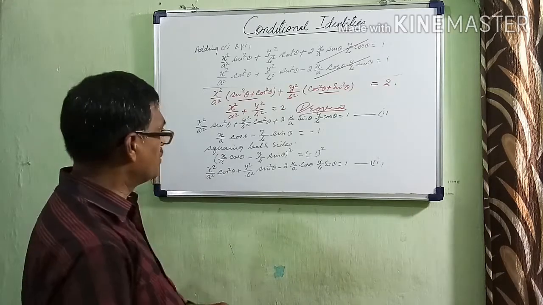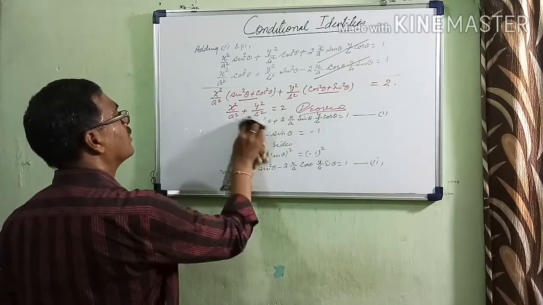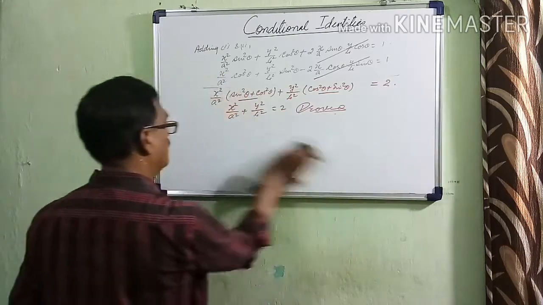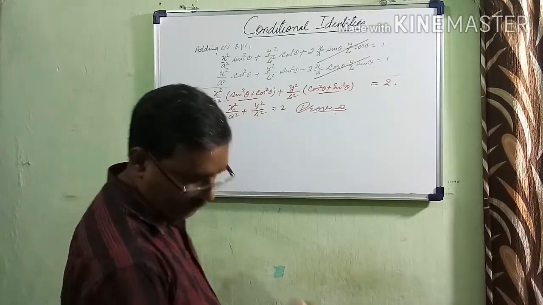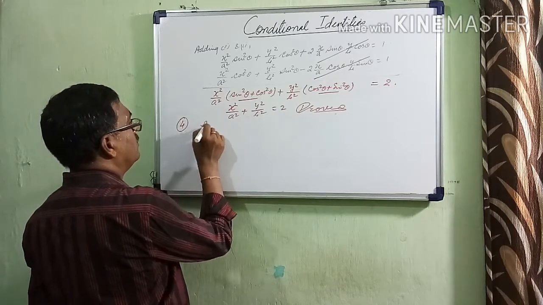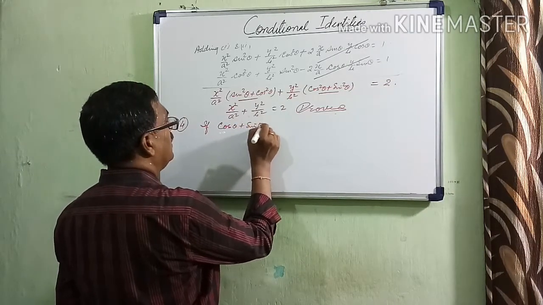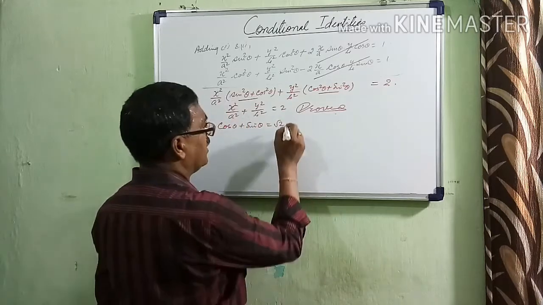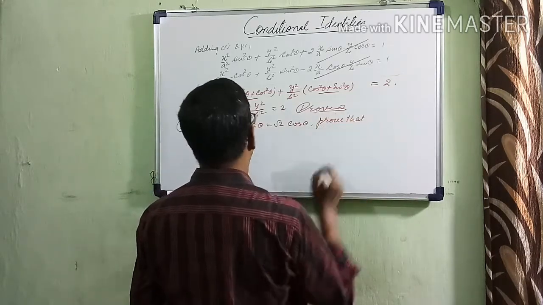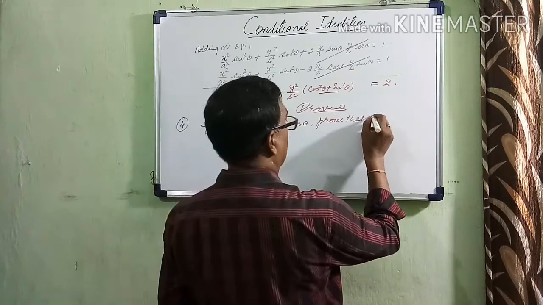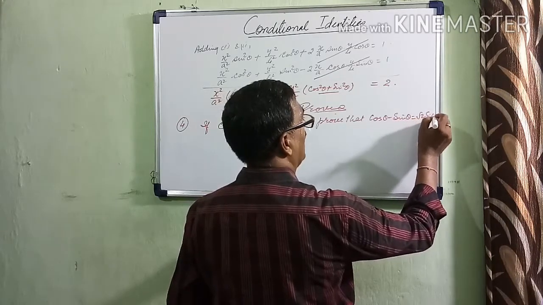Let us consider the next question. If cos θ + sin θ = √2 cos θ, prove that cos θ − sin θ = √2 sin θ.